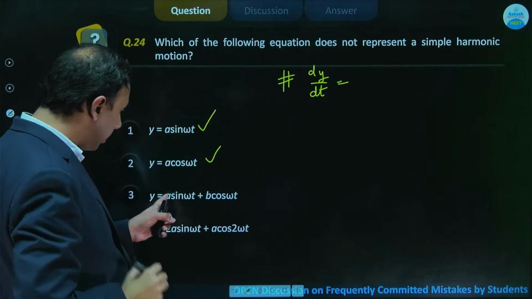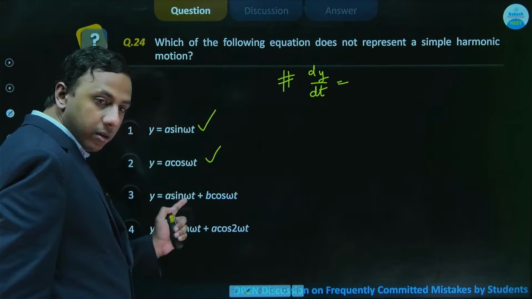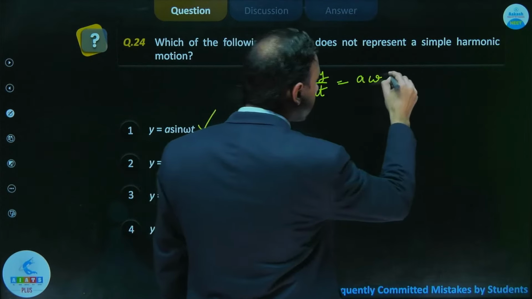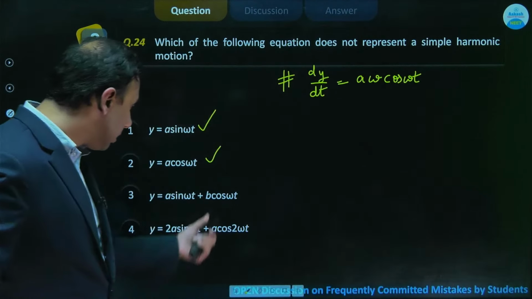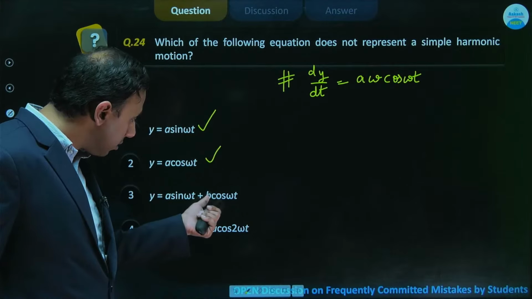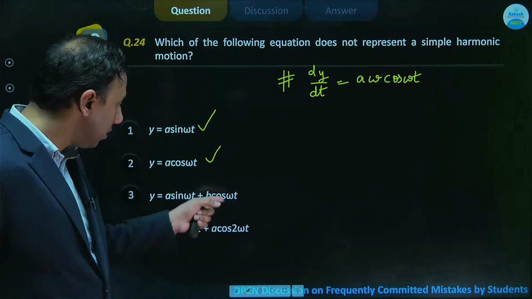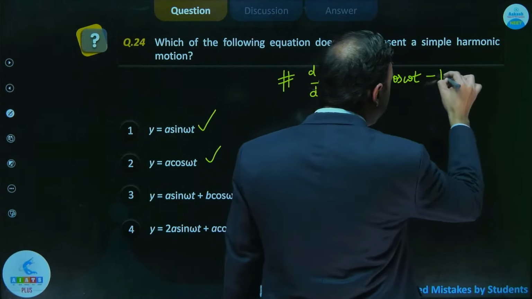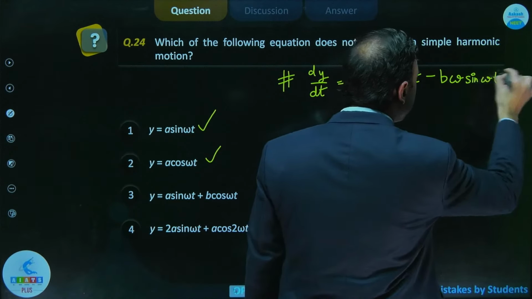If you differentiate, it will become a omega cos omega t plus, now I am directly writing because we know the formula, b omega sin omega t but with a minus sign because cos differentiation gives a minus sign. So this will become minus b omega sin omega t.